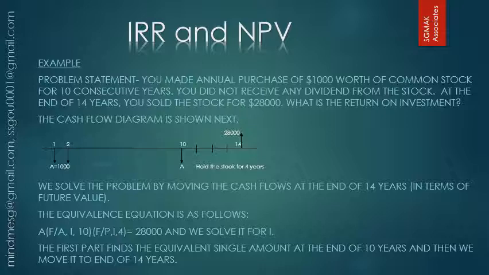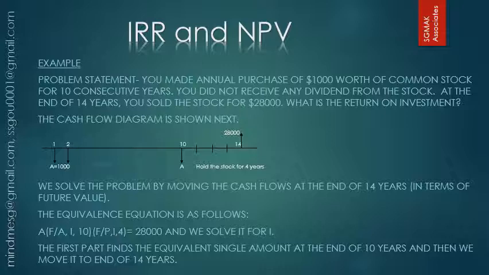And at the end of 14 years, so made 10 purchases, $1,000 each, end of each year, then didn't make any new investment for another 4 years. And at the end of 14 years, you sold the stock for $28,000. So what's the return on investment? What did you receive as return on your investment?